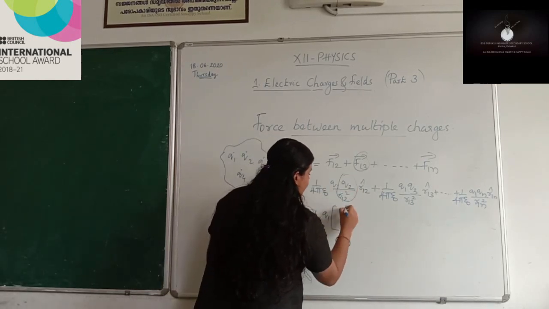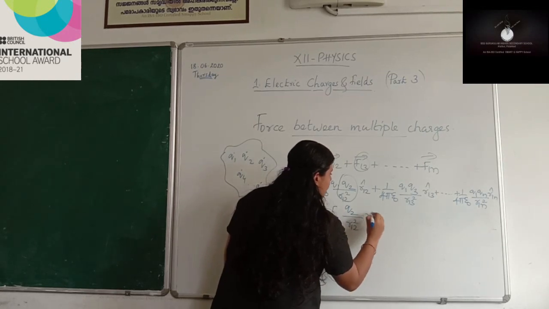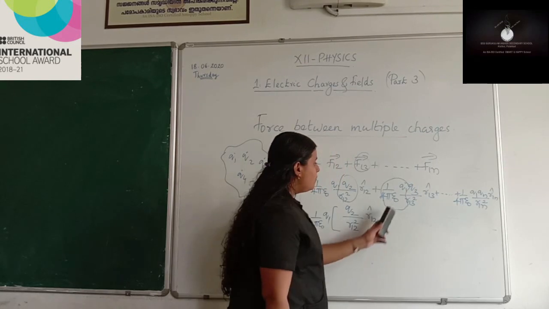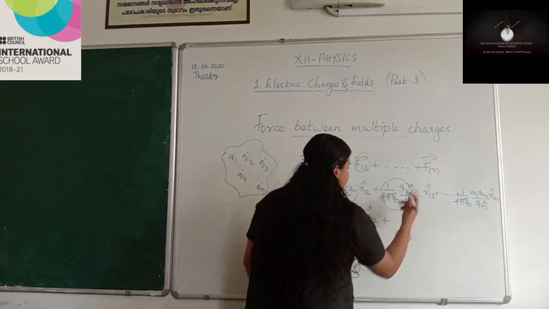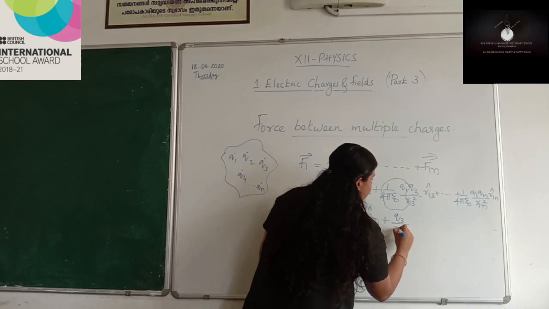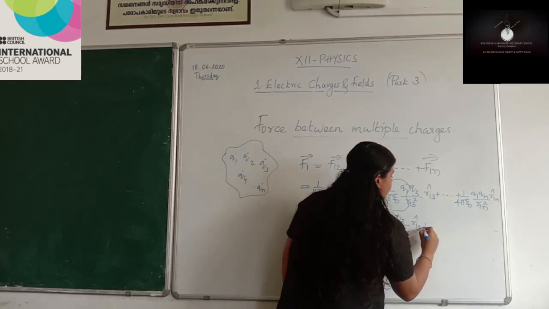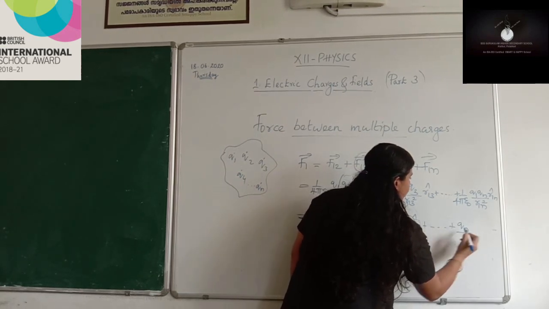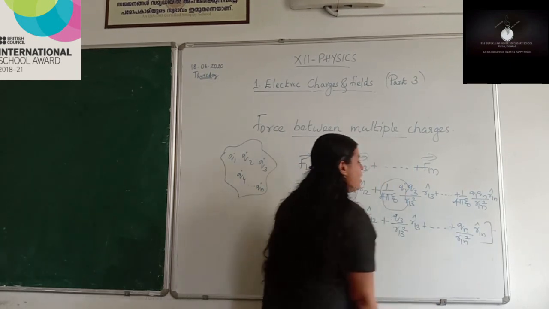Then Q2 divided by R12 square into unit vector R12. Then the remaining terms: Q3 divided by R13 square into unit vector R13, etc., plus Qn divided by R1n square into unit vector R1n.